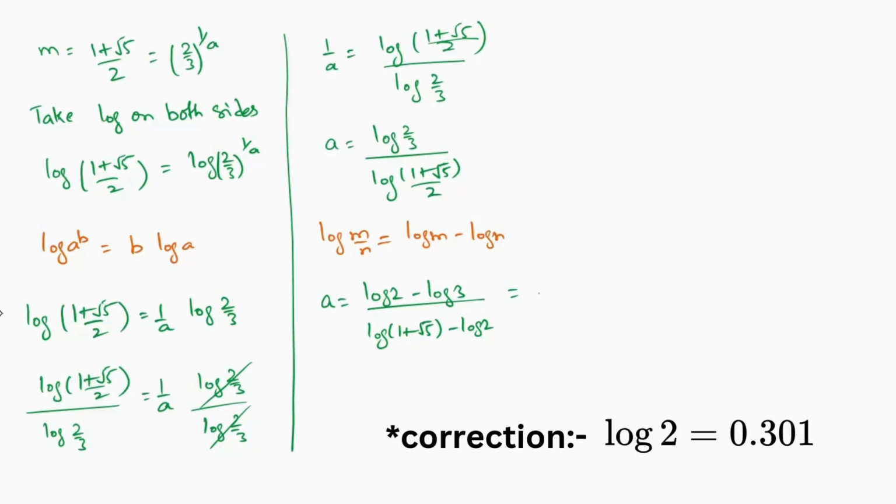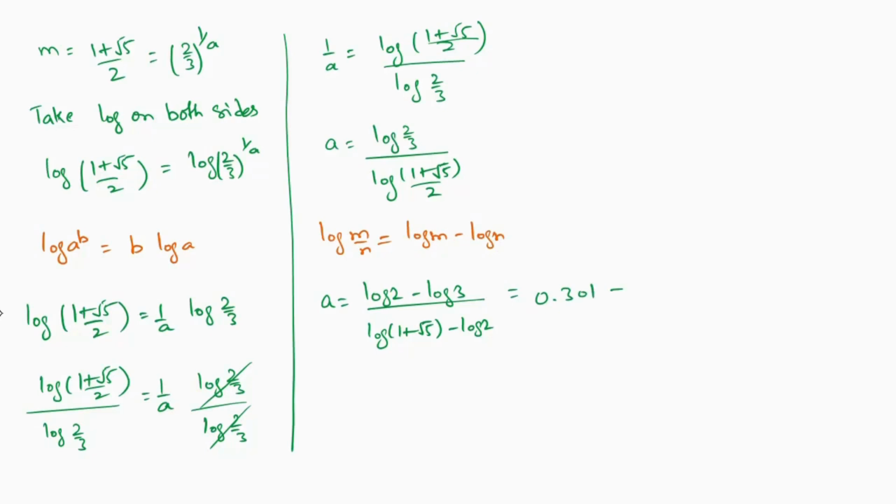We get log 2 equals 0.301, minus log 3 equals 0.47, over log of (1 plus root 5) equals 0.51, minus log 2 equals 0.301.